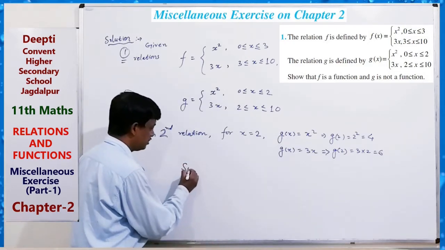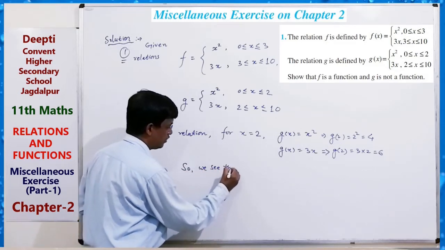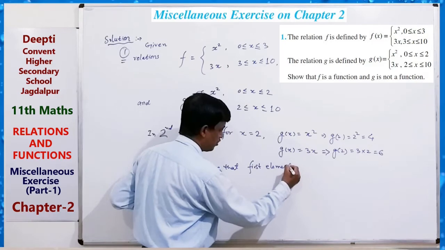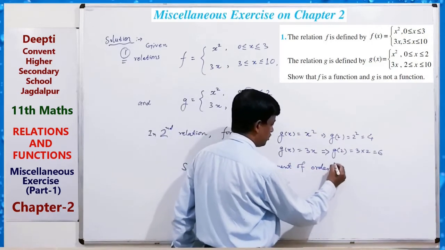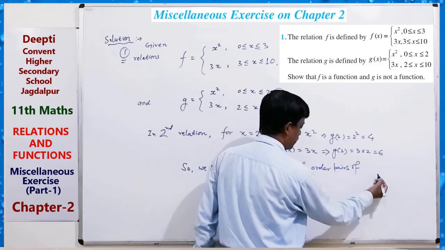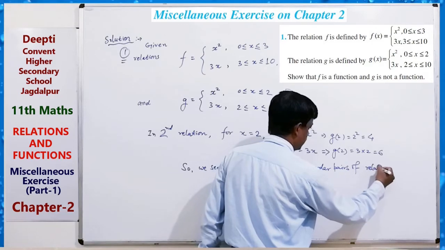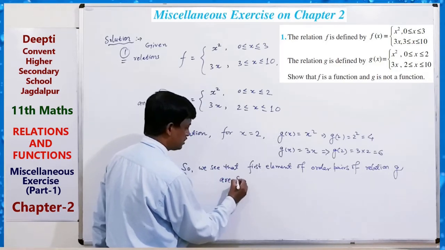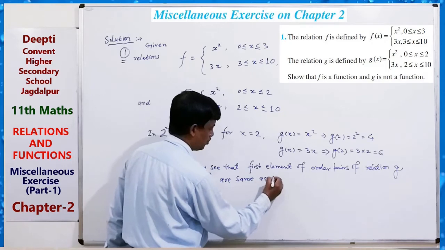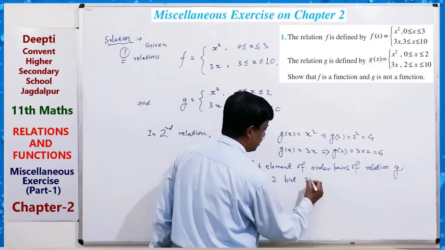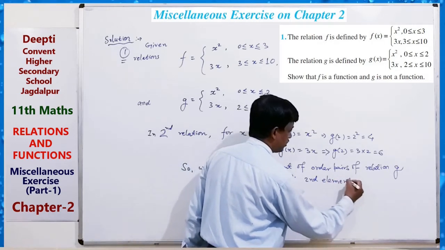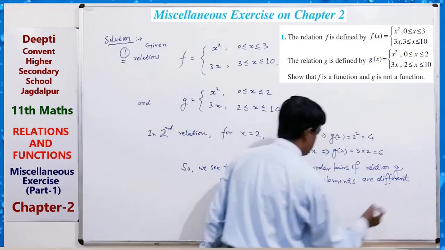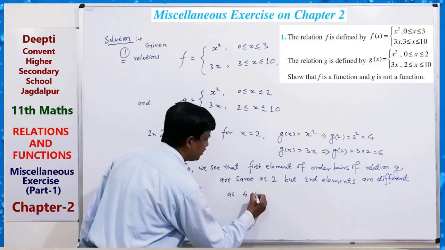Okay. So we see that the first elements of the ordered pairs of relation G are the same, 2, but the second elements are different, 4 and 6.